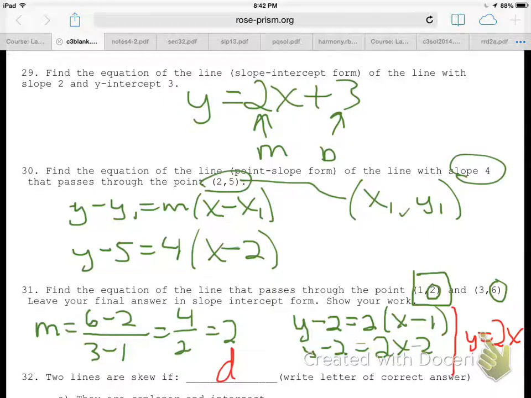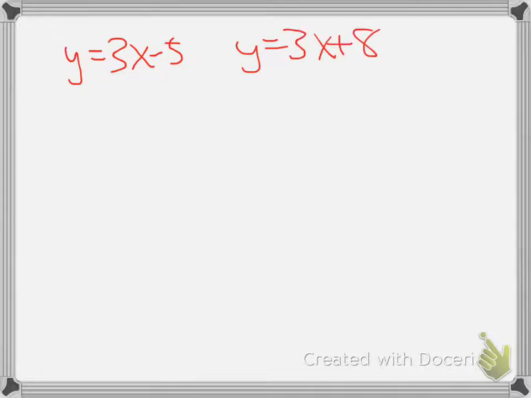Okay, on our last problem, we're finding the distance between 2 parallel lines. And we're finding the distance between y equals 3x minus 5 and y equals 3x plus 8. Okay, just a very rough graph here.